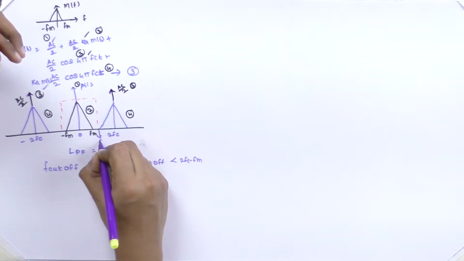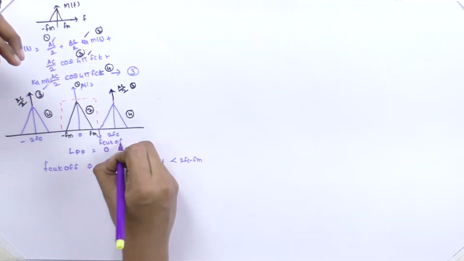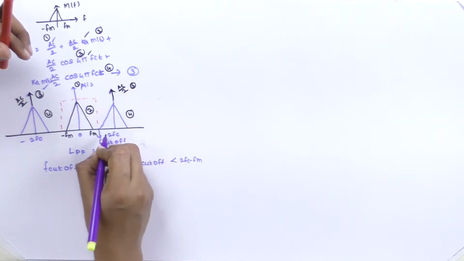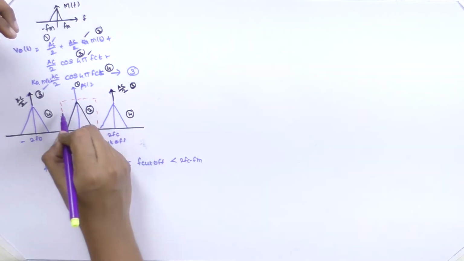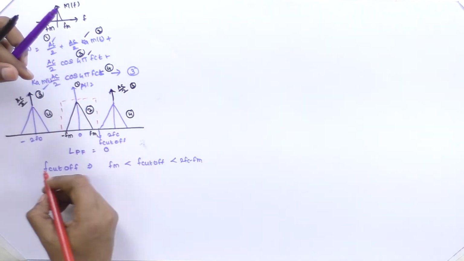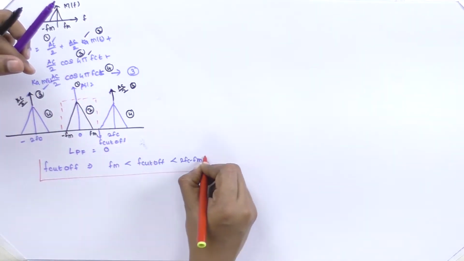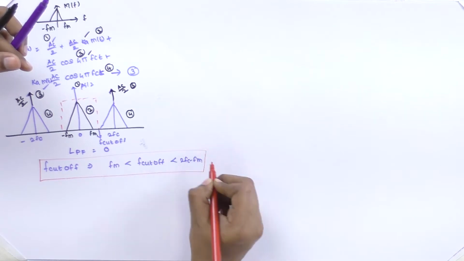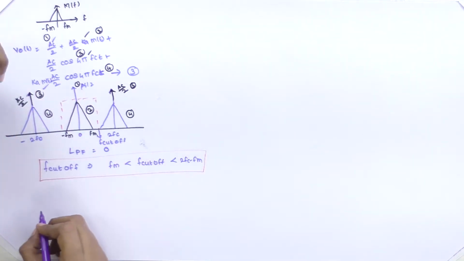Therefore, this is our f cutoff. It must be greater than fm and it must be less than 2 fc, to get the required message information signal. Therefore, these two conditions are important for our low pass filter design consideration.